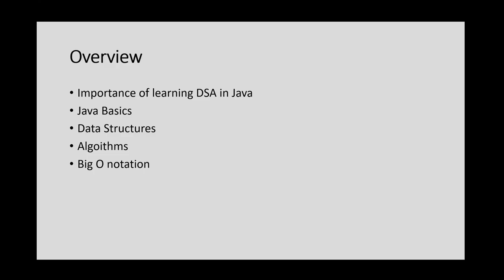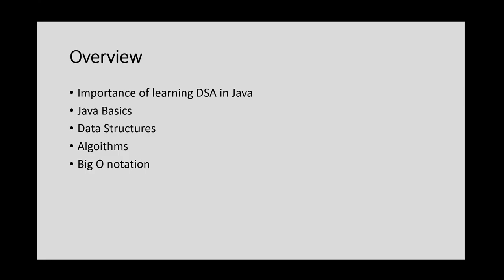After that we have the main core concept of the course, that is data structures and algorithms. What is meant by data structures, what are the different data structures available, what are algorithms, and why we need them.